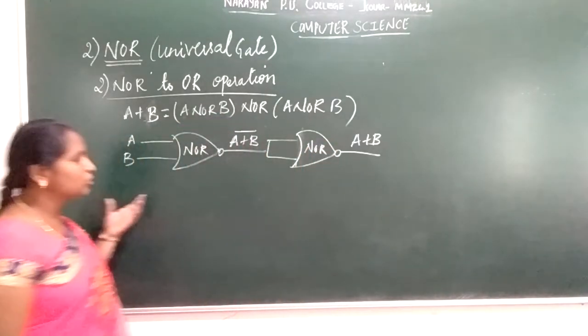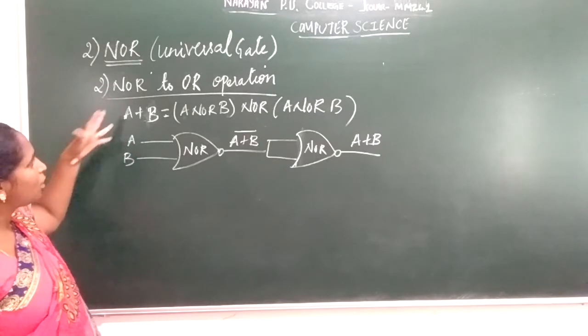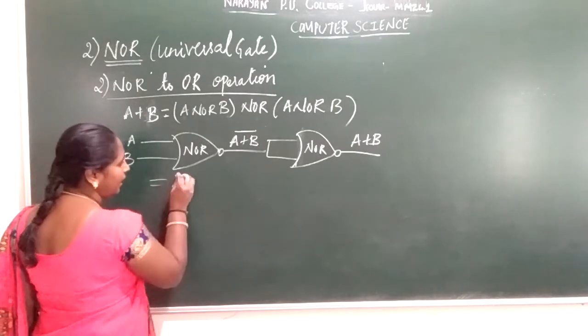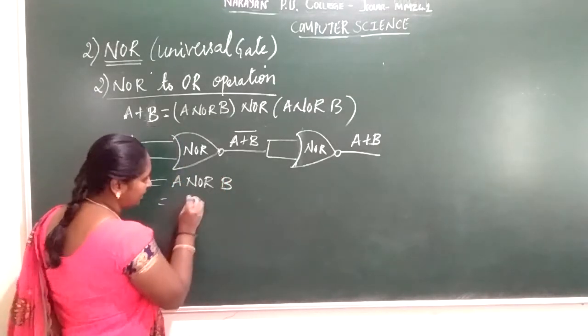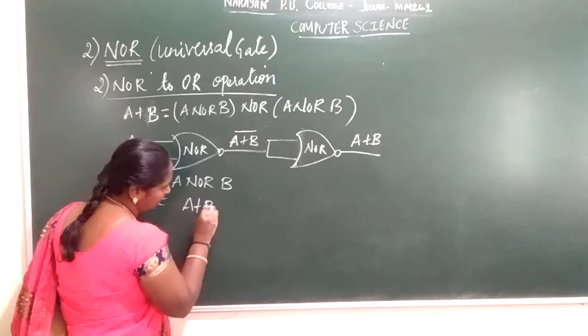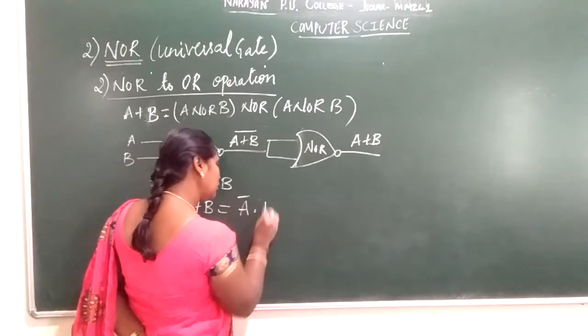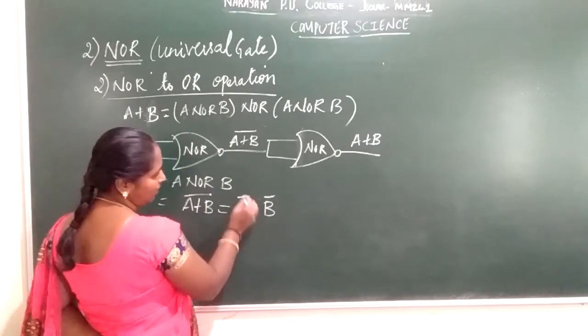So for this, how are we going to draw our logic circuit diagram? How are we going to implement this one? Here first we will take a NOR b, which can be written as a plus b the whole bar. So this can be written as a bar into b bar. I am applying De Morgan's first theorem. So a NOR b can be written as a bar into b bar.